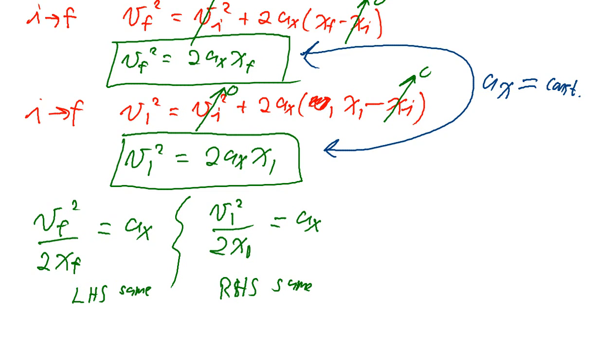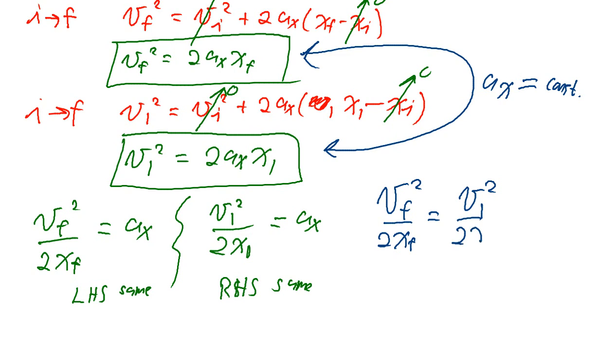So we equate the left-hand sides. That gives me v final squared over 2xf equals v1 squared over 2x1.